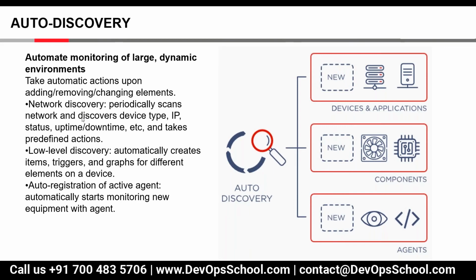What it will do is, on all the servers on which we have installed the agents, those agents will send the data to the Zabbix server on the Zabbix portal, and those hosts will automatically get created instead of manually creating those hosts.